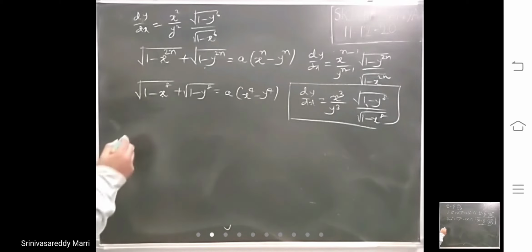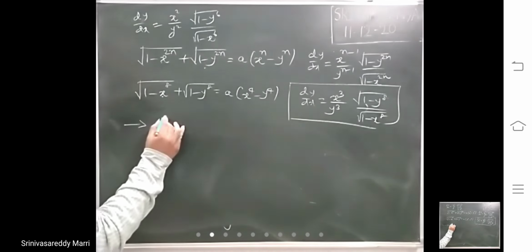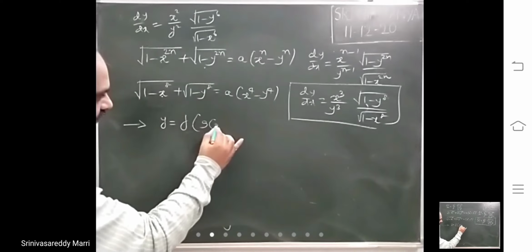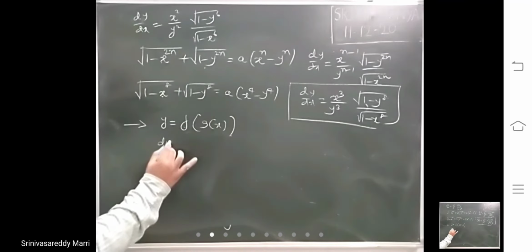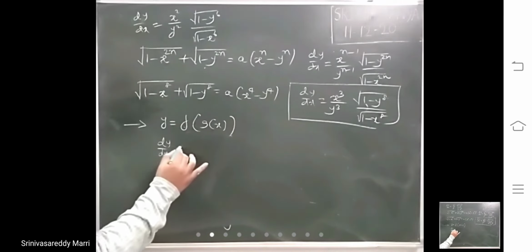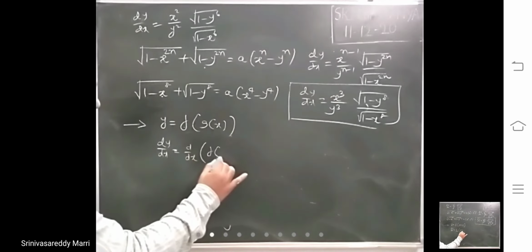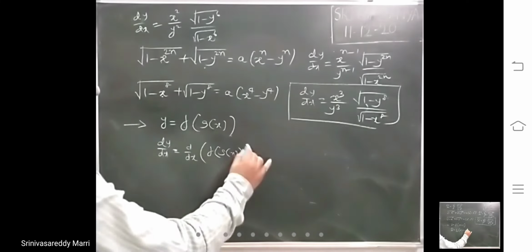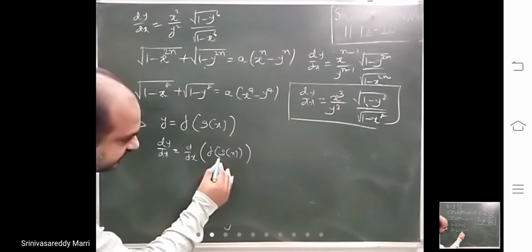Next, look at this. Suppose you have a composite function f of g of x. Let us say a composite function is there, f of g of x. Suppose you want to calculate dy by dx, that is d by dx of f of g of x. You proceed in a similar fashion as you have done.